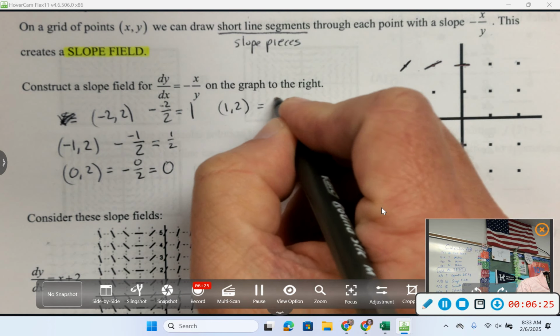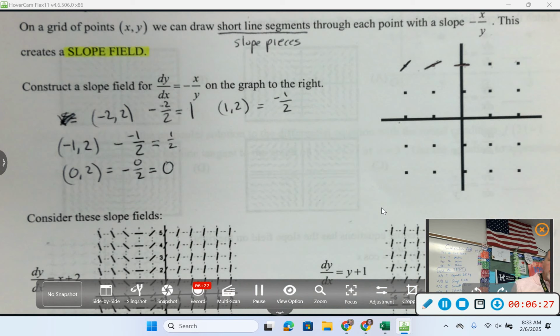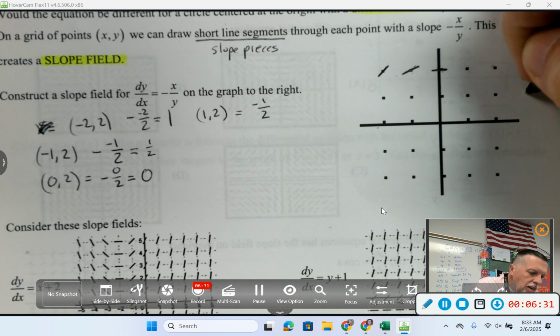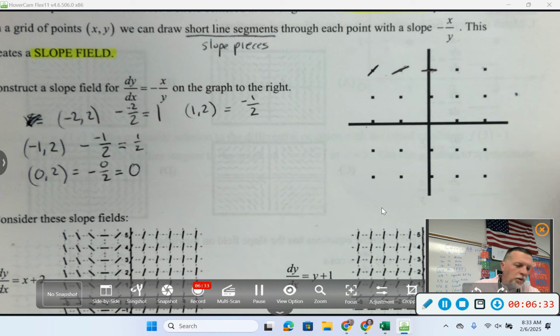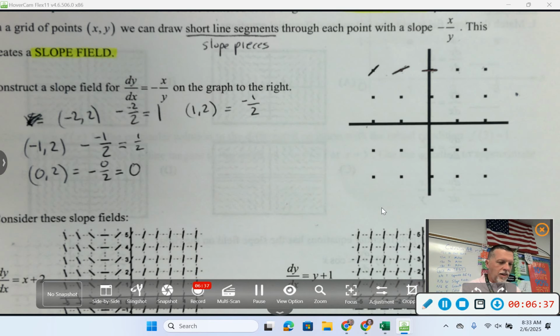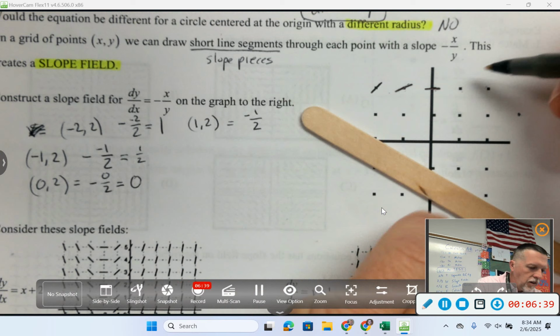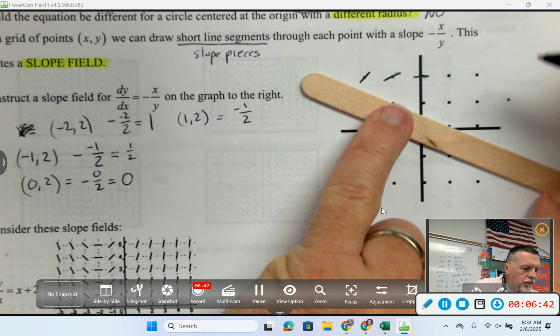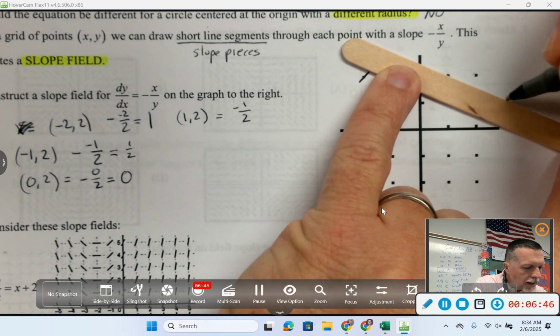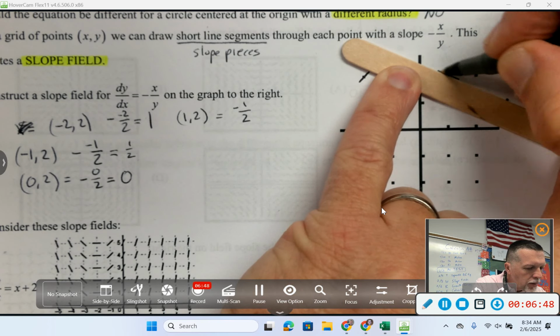That slope would be negative 1 over 2. So back to a half, but this time negative 1/2. I'm putting an extra point out here just to give me something to aim at so I can get my slope correct. So right, negative 1/2 is down 1 over 2. So if I really want to be accurate, I could lay out the 1/2 and then just do the little piece of it there.